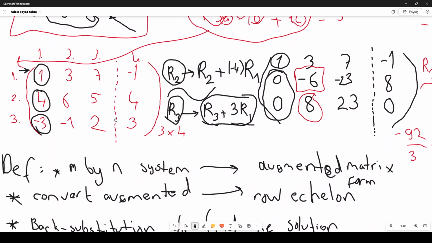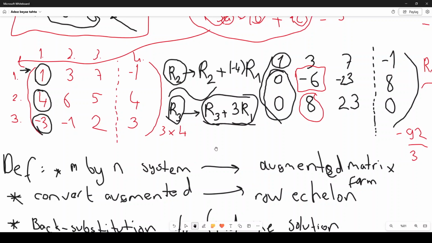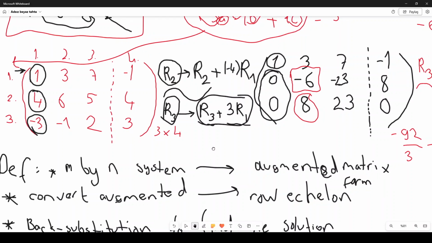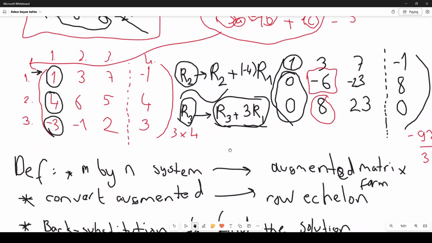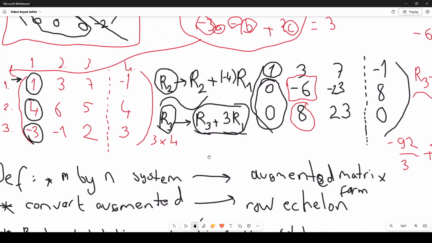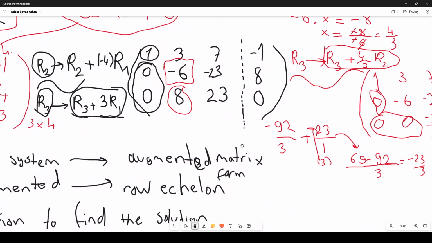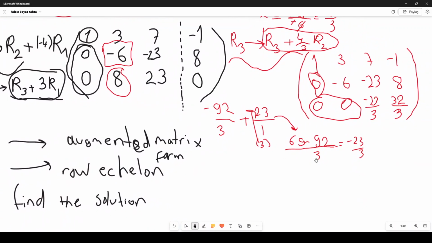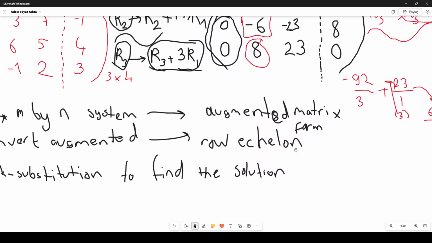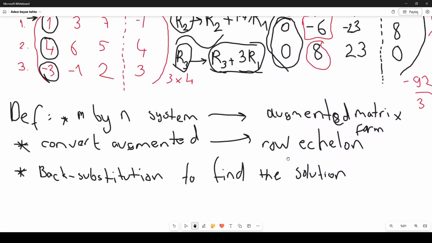So we convert it into its row echelon form, which means that we perform 3 elementary row operations to convert our augmented matrix into what is known as row echelon form. And when we have a row echelon form, we stop our computation.